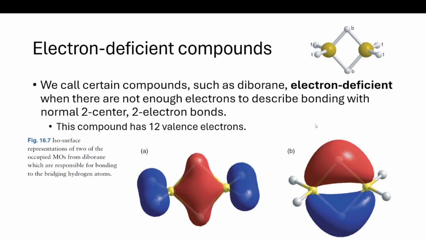And so, using our 2-center 2-electron bonds, we're supposed to have 16 valence electrons. However, we only have 12 valence electrons. So this is going to be an electron deficient compound. And we're also going to have banana bonds here.